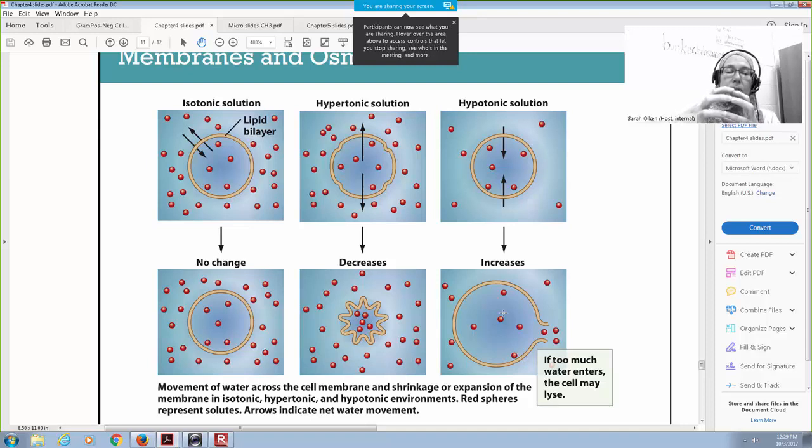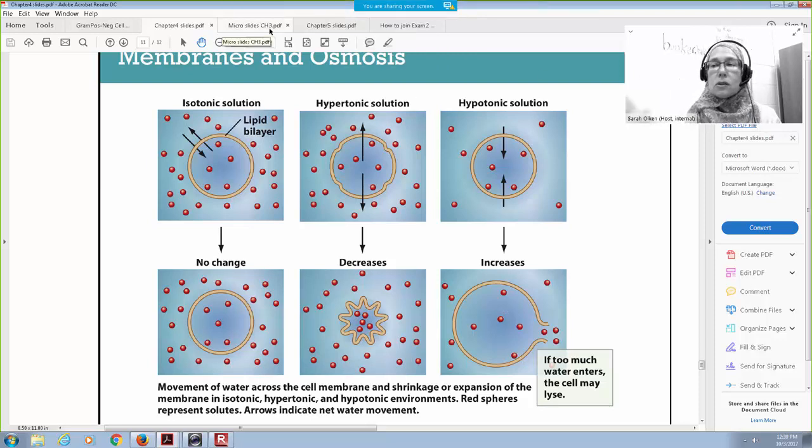It's not as flexible or fluid. Remember, the membrane is described by the fluid mosaic model. That's not true of the cell wall. It's fixed. It's covalently linked by these cross bridges in between the many layers.